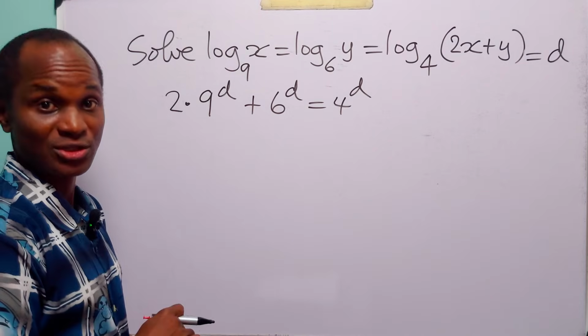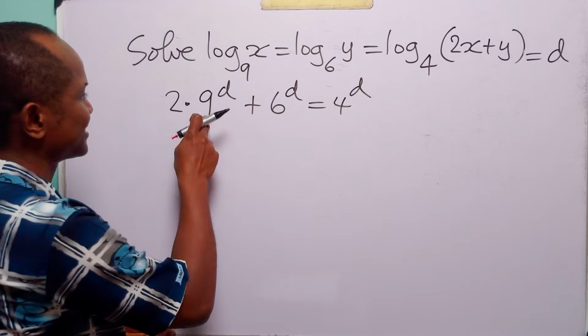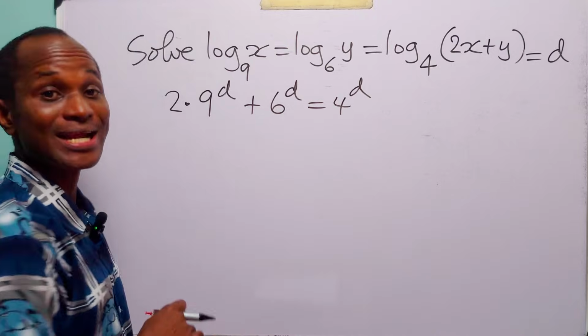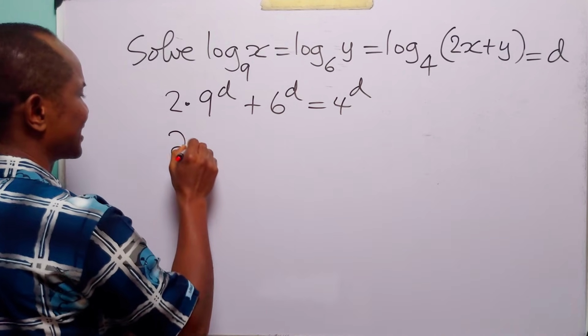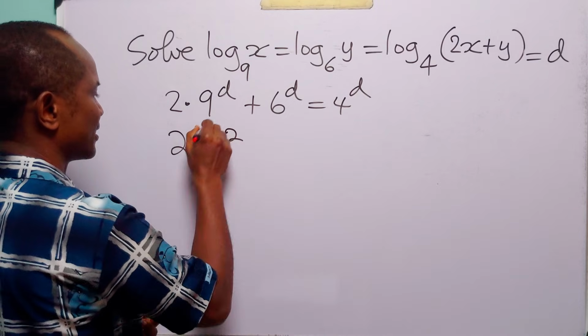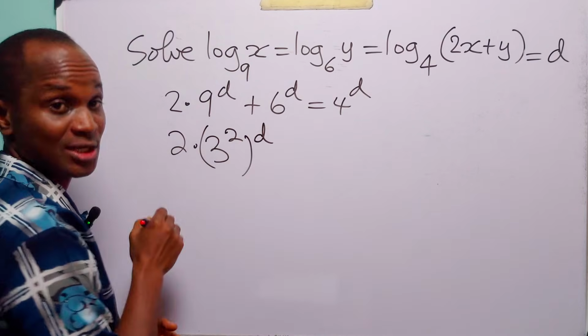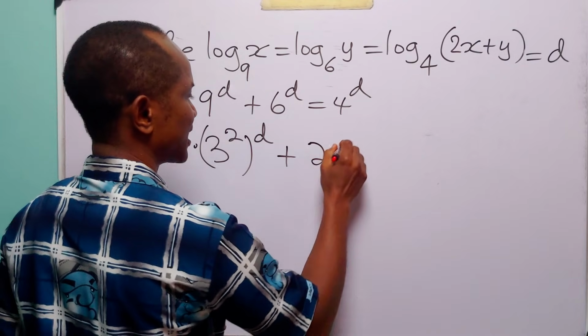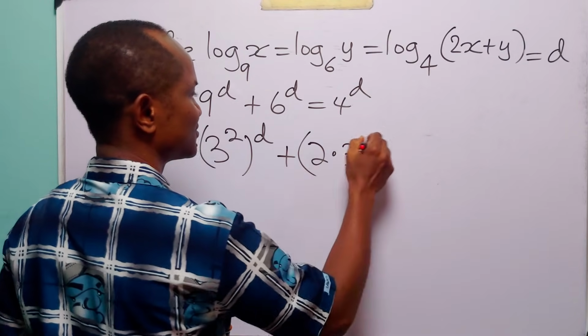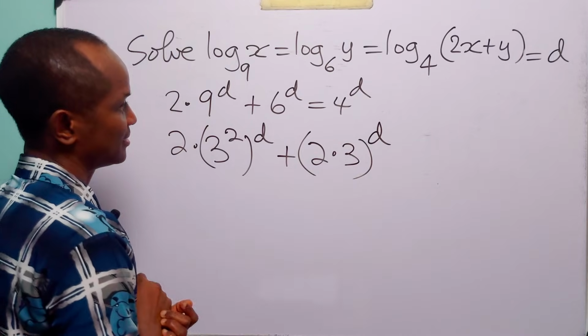Now, to solve this equation, we will start by expressing 9, 6, and 4 in terms of their prime factors. We know that 9 is 3 squared, so this is 3 squared to the power d. We know that 6 is 2 times 3, so this is 2 times 3 to the power d.